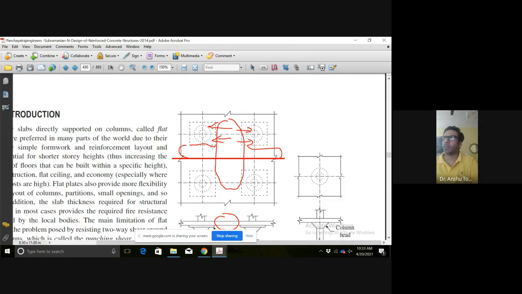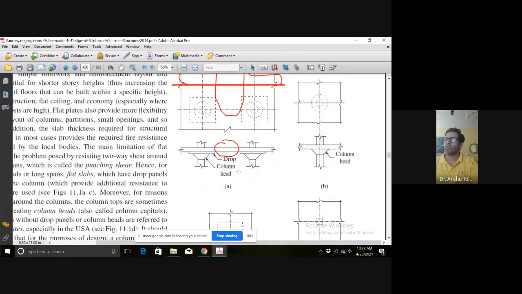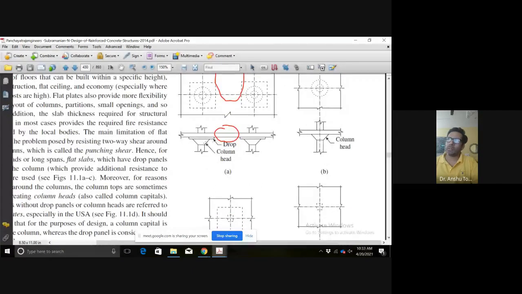Now in the figure you can see we have drops also. They are sometimes simply called drops, or they are called column head. This is the drop portion, and this is the column head. Sometimes it is also called column capital.